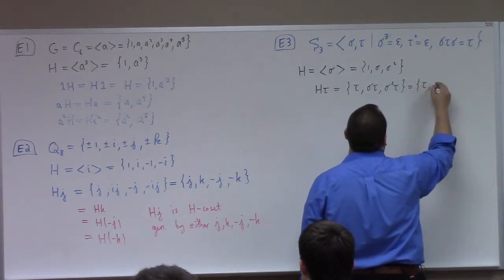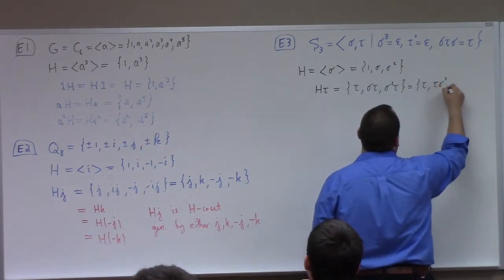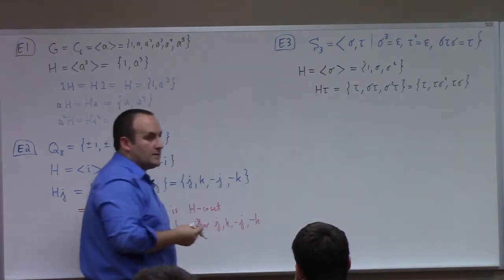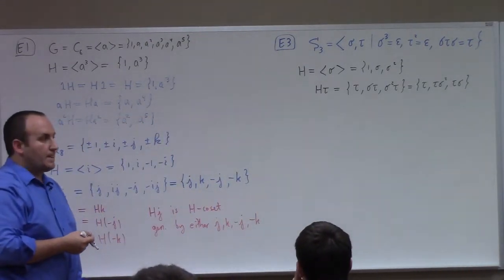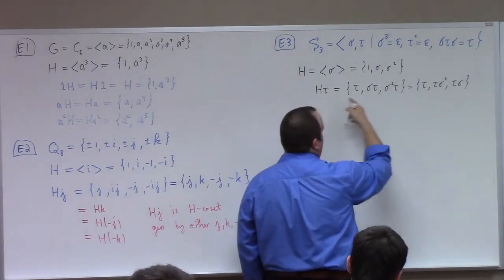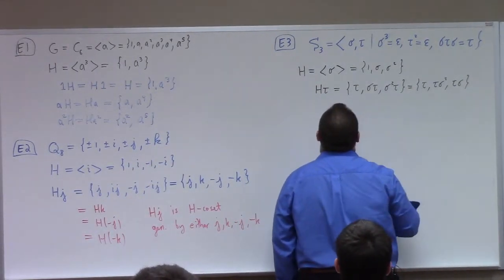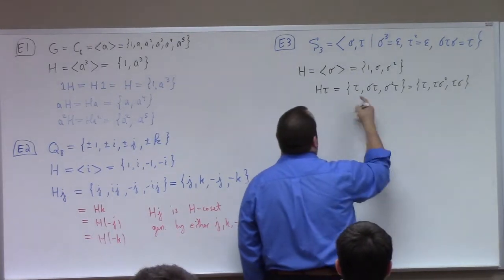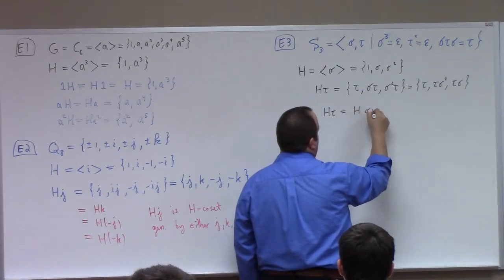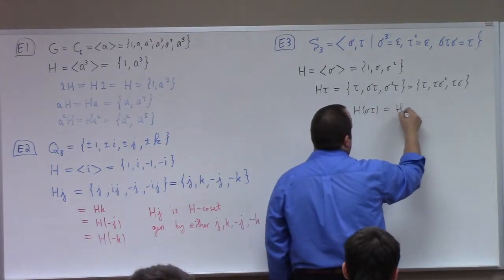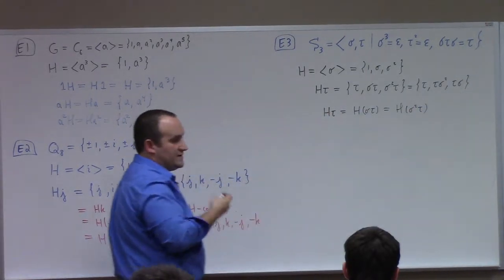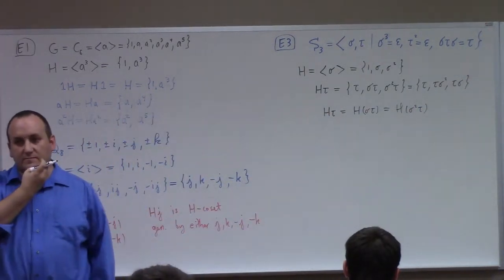This is the same as tau, tau sigma squared, tau sigma. And so it's fairly, well, I don't know if it's fairly obvious, but it is in fact also true that H tau is equal to H sigma tau, and it's equal to H sigma squared tau. You can calculate those just the same. You get the same 3 elements.